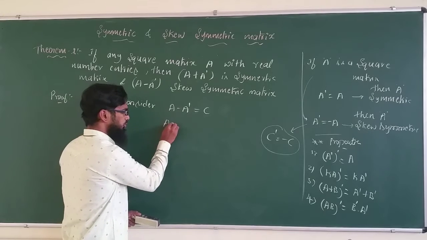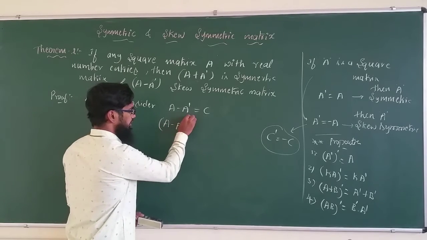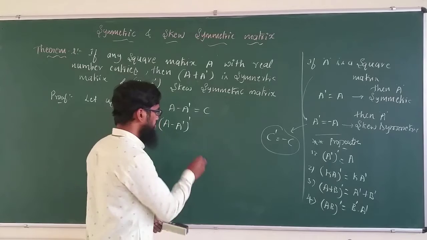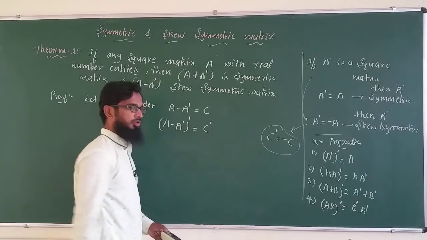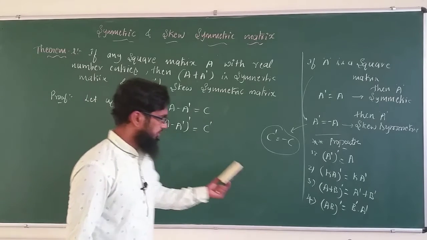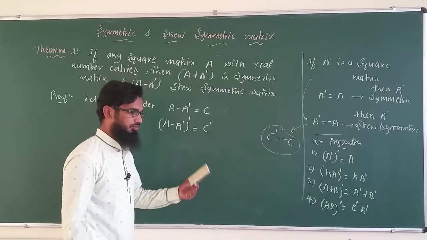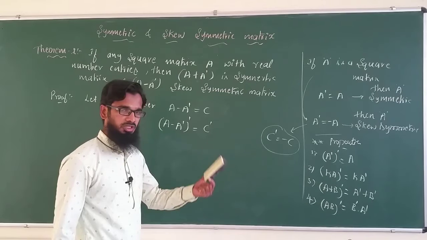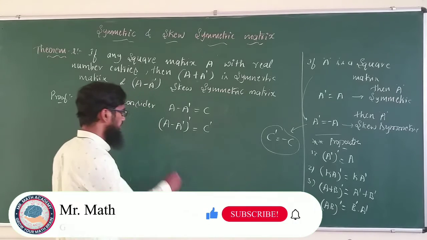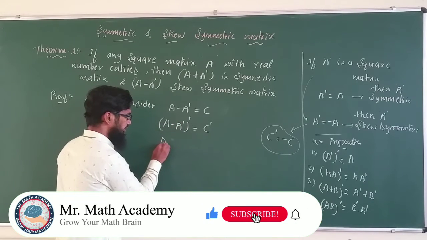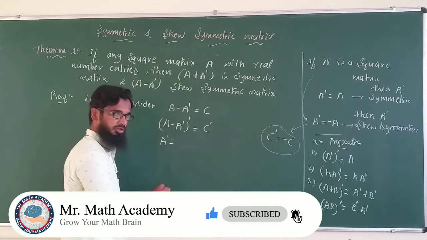So take a transpose on both sides. This becomes (A minus A transpose) whole transpose is equal to C transpose. Now for this term, as usual, you have to apply the third property, because it's a plus of B. A plus B whole transpose is equal to A transpose plus B transpose. Similarly for this also it becomes A transpose, and this minus will remain as it is.